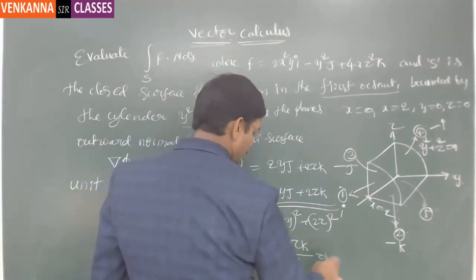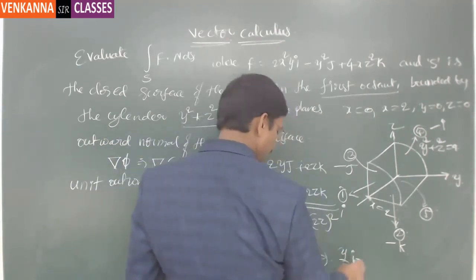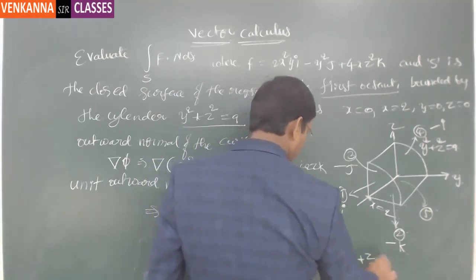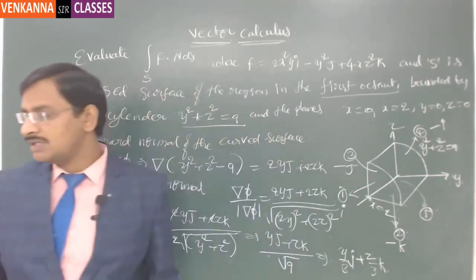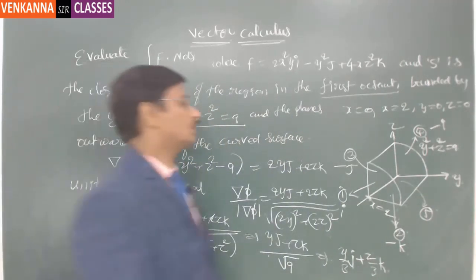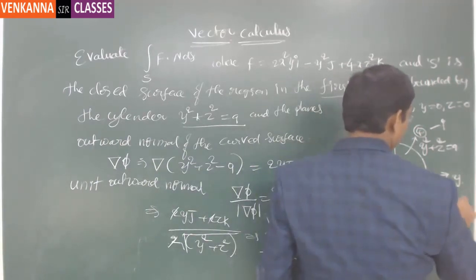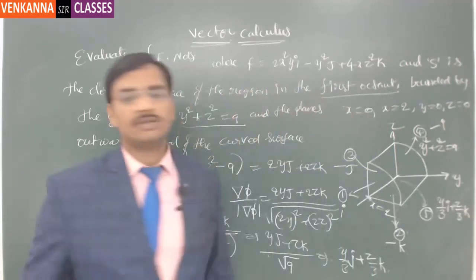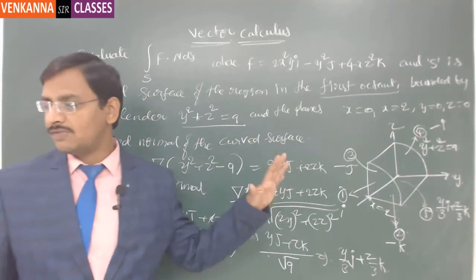So this is y by 3 j plus z by 3 k. This is the unit outward normal which is dependent on the yz position. So the unit outward normal is y by 3 j plus z by 3 k.